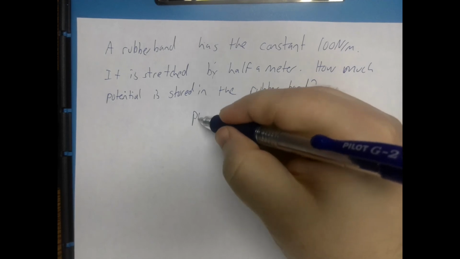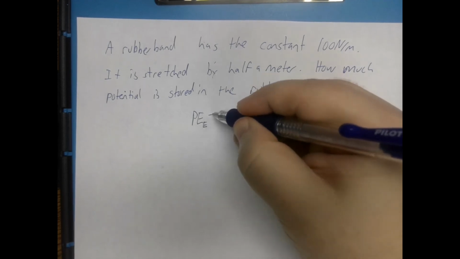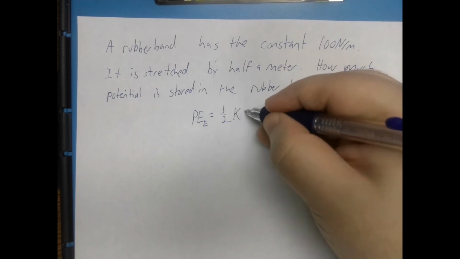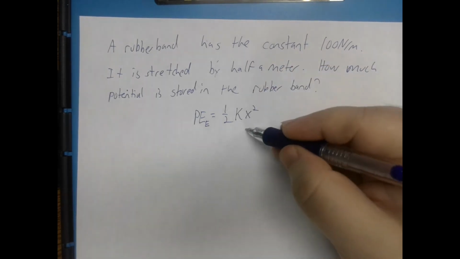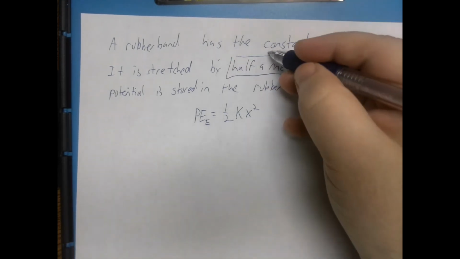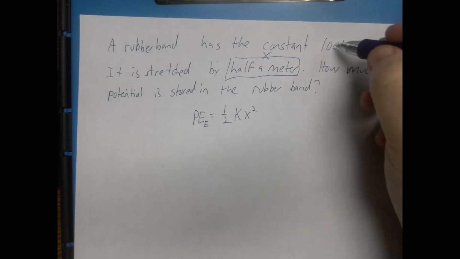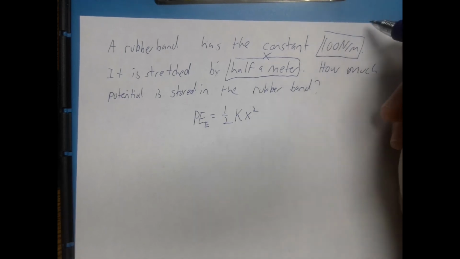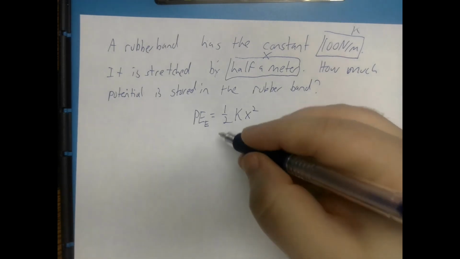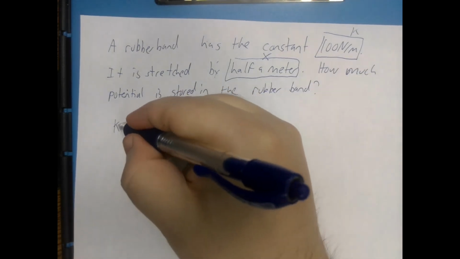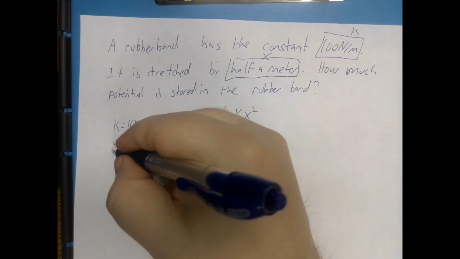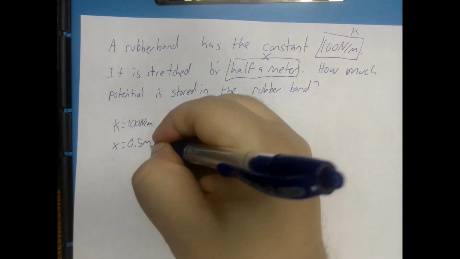Elastic potential energy is equal to 1/2 times the constant times x squared. X is how much is stretched by, so half a meter for x. Our constant is measured in Newton meters. So K is equal to 100 Newton meters, x is equal to 0.5 meters.